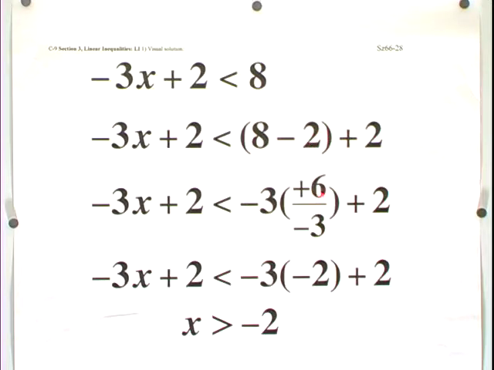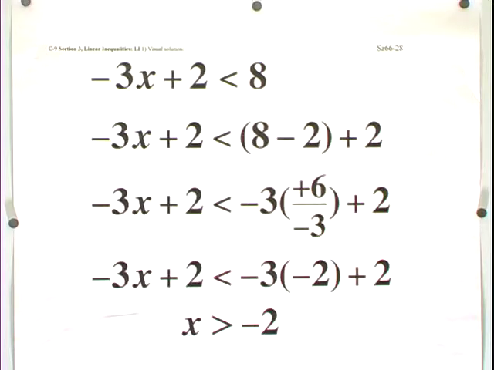I get a 6. To match this coefficient, minus 3, I have to multiply by minus 3 and divide by minus 3. That's equivalent to multiplication by 1. Now when I do this division, I get minus 2. So now I have translational symmetry. However, we have to note that the coefficient of the variable term is negative.